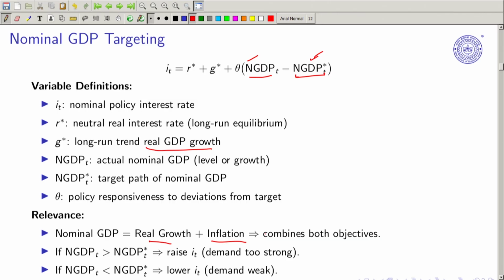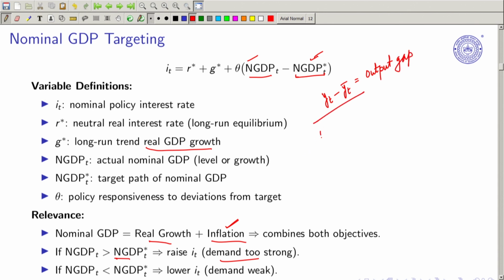So it means that automatically you have inflation considered once you consider the nominal. If the nominal GDP is greater than the target nominal GDP growth, it means that it creates some kind of high inflation scenario. It is the same as what we discussed, the output gap, right?